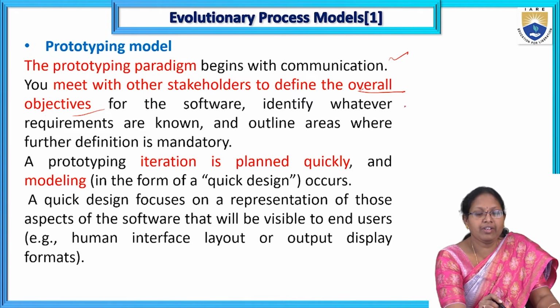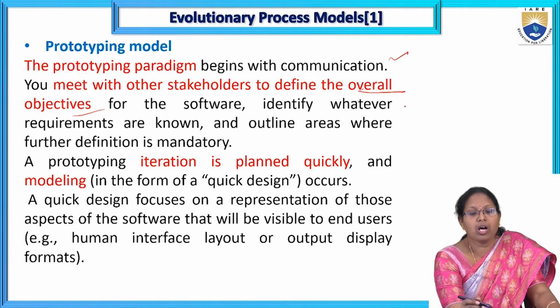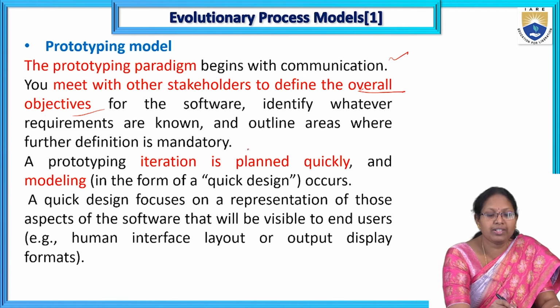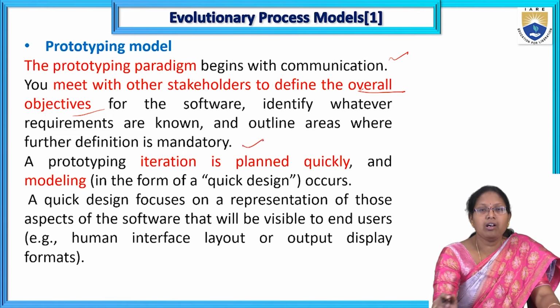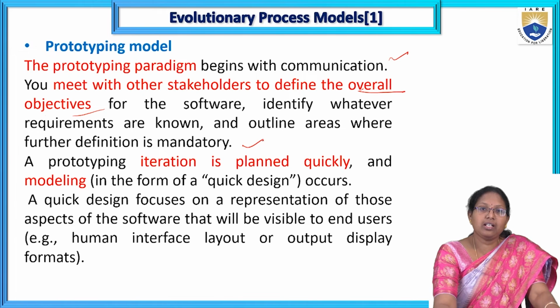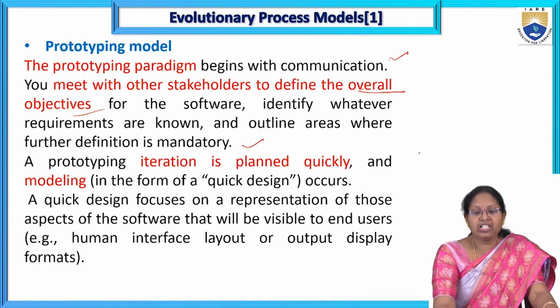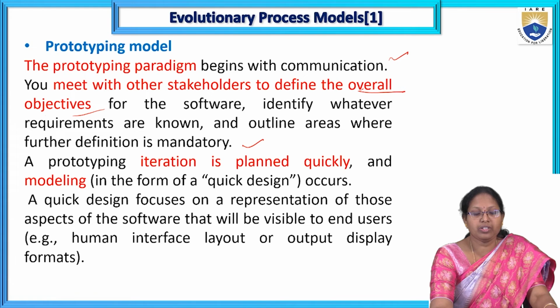Identify whether the requirements are known, or outline areas where further definition is mandatory. All these things are considered and maintained. So here the prototype iteration is planned quickly and the modeling is also quick. It is a very quick process model.